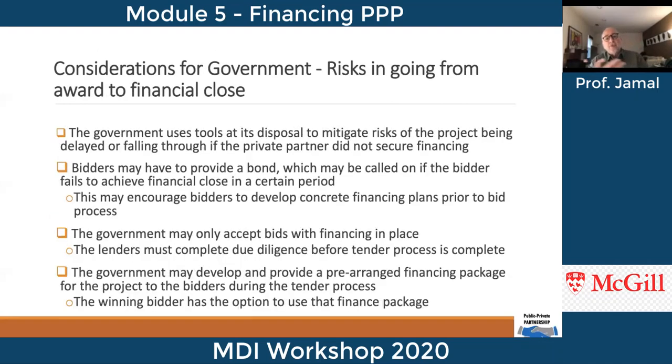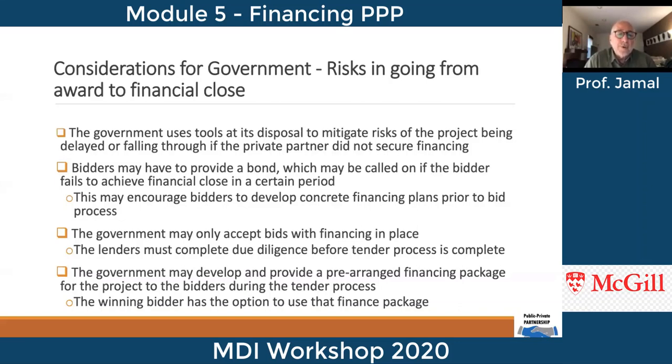The government uses tools at its disposal to mitigate the risk of the project being delayed or of problems securing financing. Bidders may have to provide a bond, and usually I recommend that you ask for a bond, which might be called on if the bidder fails to achieve financial close in a certain period. These kinds of bonds are usually requested at the request for proposal stage.